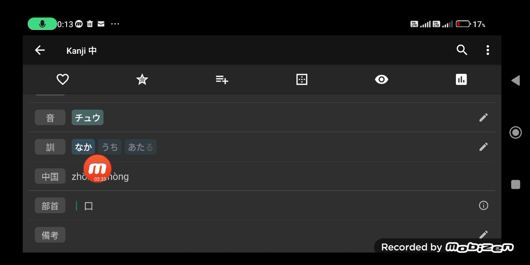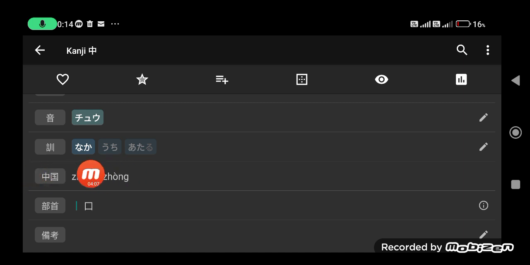The other readings in very faint gray font here are miscellaneous or very irregular readings that are usually for jinmyo. Jinmyo means usage of kanji for the sake of writing names. I'll just put that in the comment section or description box.